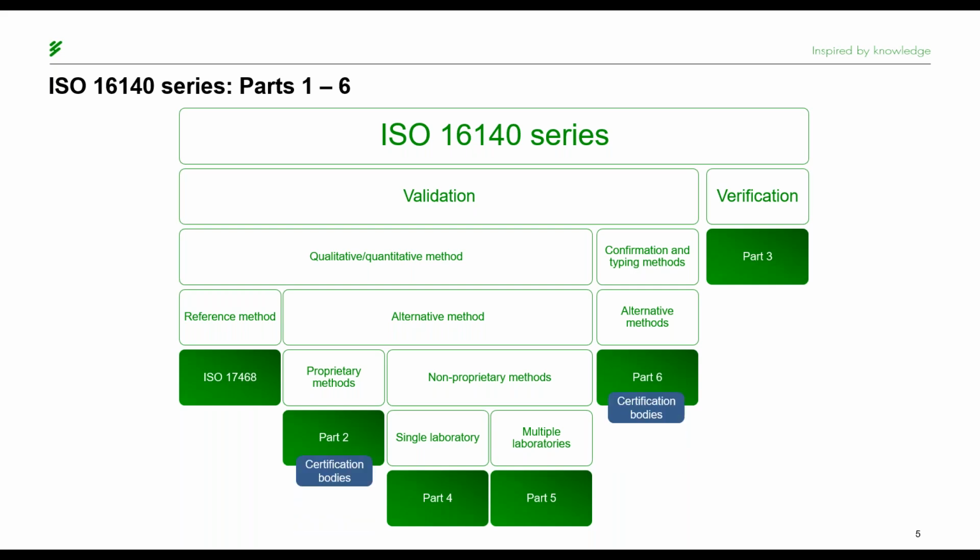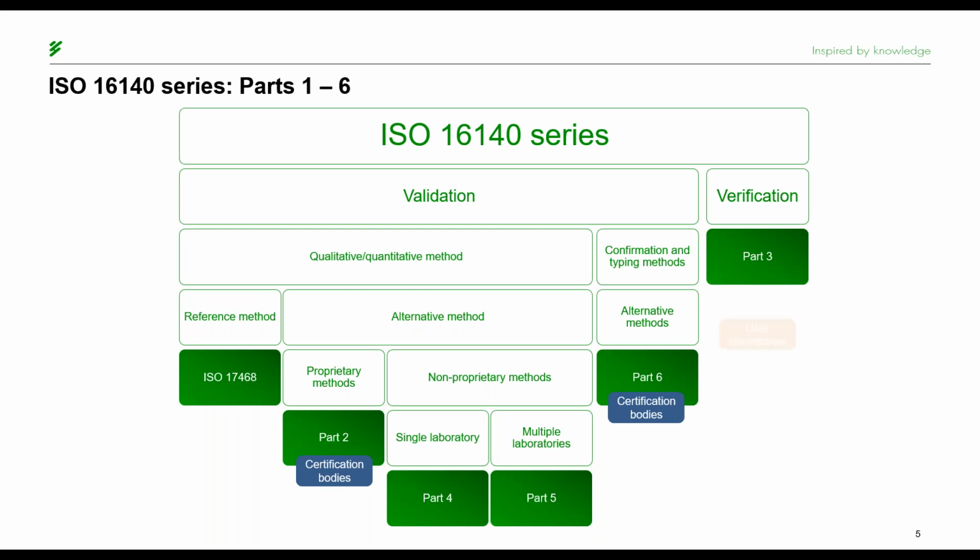Finally, I forgot about this part: if what we are interested in is the validation of a confirmation or typing method, it's only for alternative methods, and that would be part 6. Having said this, parts 2 and 6 would actually be used by certification bodies to carry out the validation of these methods.